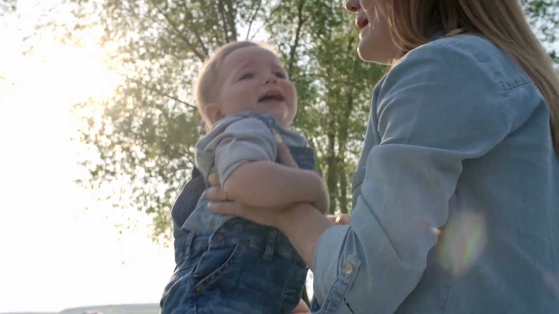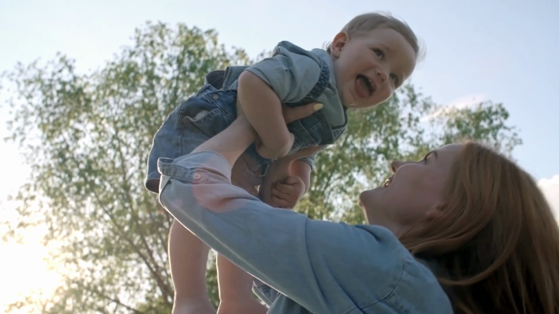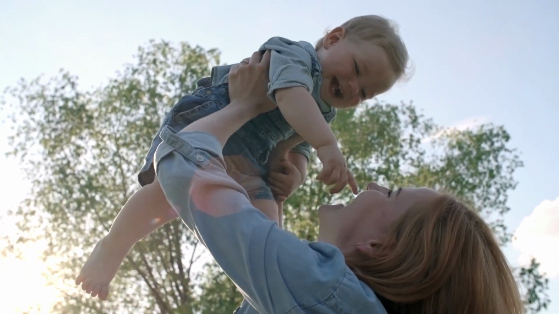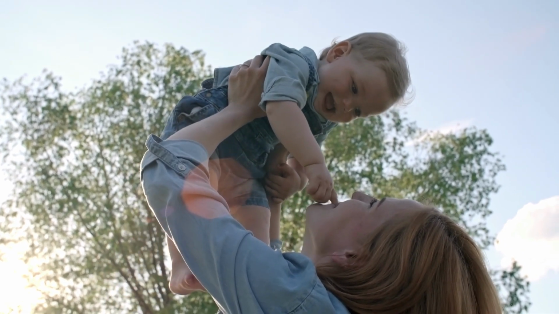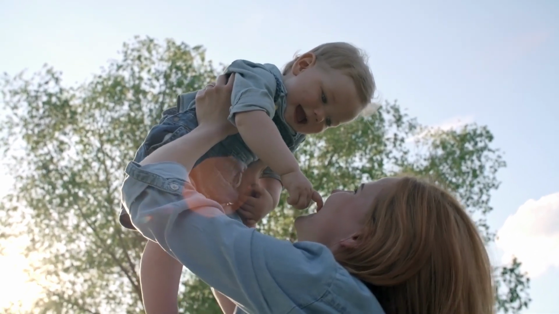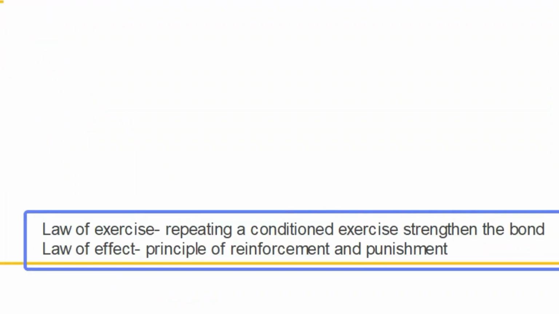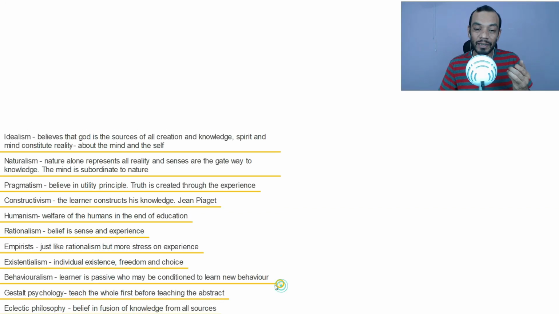Behaviorism believes that a child is a blank slate, and he has to be taught using two methods. One is known as the law of exercise and the law of effect. Law of exercise believes that if you repeatedly do something, you will become a master. And the second one, law of effect, believes that you learn something through reinforcement and punishment. As you know, it is based on experiments conducted on animals.